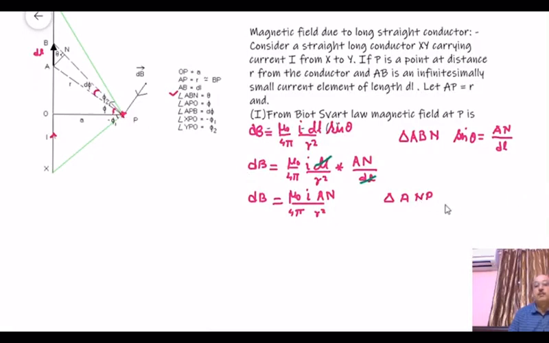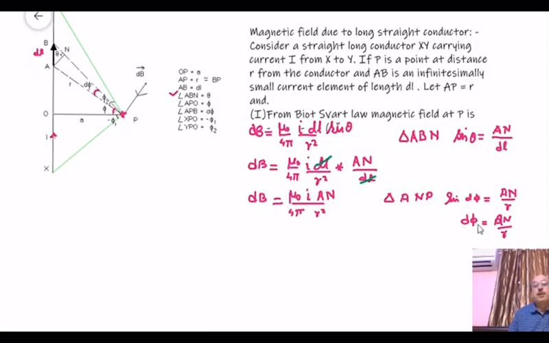So sin d phi is equal to AN upon r. Where the angle is very small, sin d phi will be d phi. So d phi is equal to AN upon r.